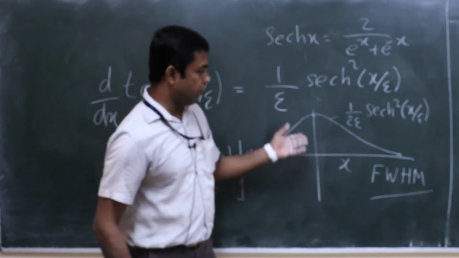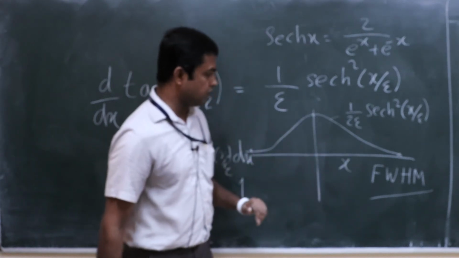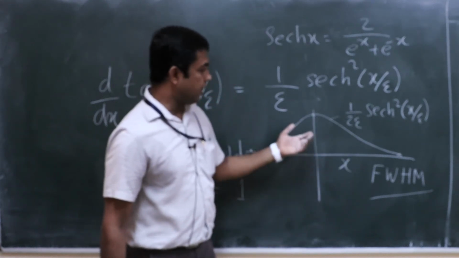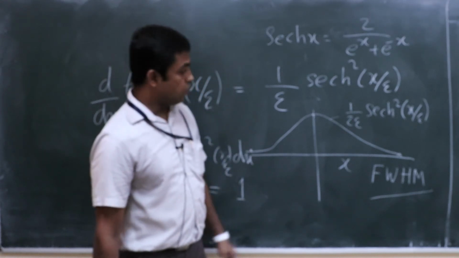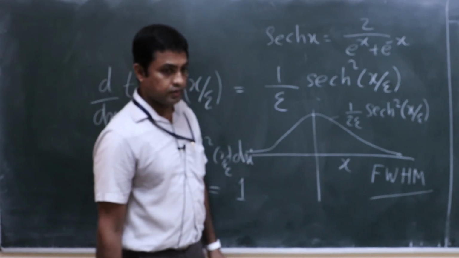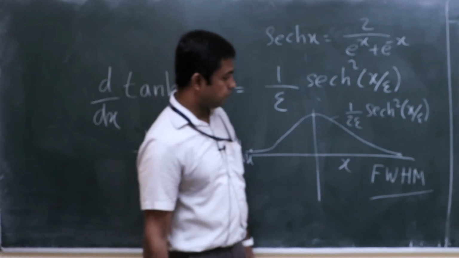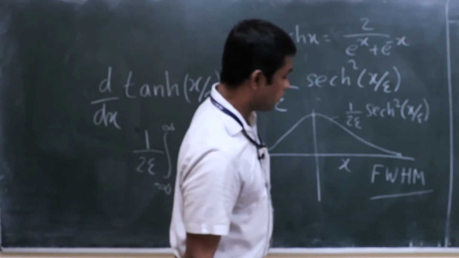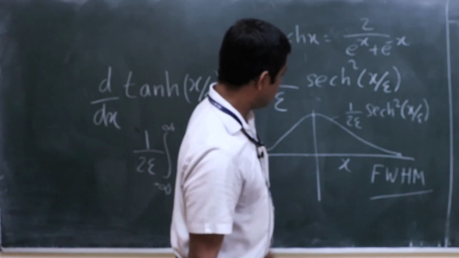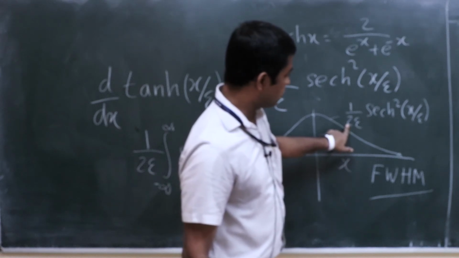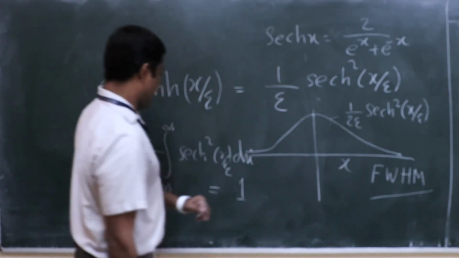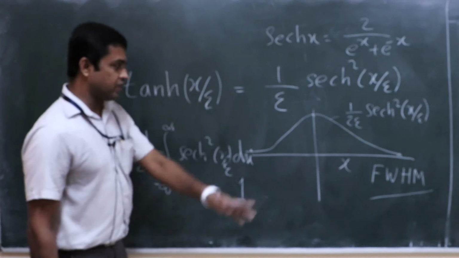So find out the full width at half maximum of this function, then you can see that it is actually proportional to 1 by epsilon. Where is the 1 by 2 from? There is a 1 by 2 here. But why are you taking 1 by 2? I want to take that 1 by 2, so you will understand slowly.